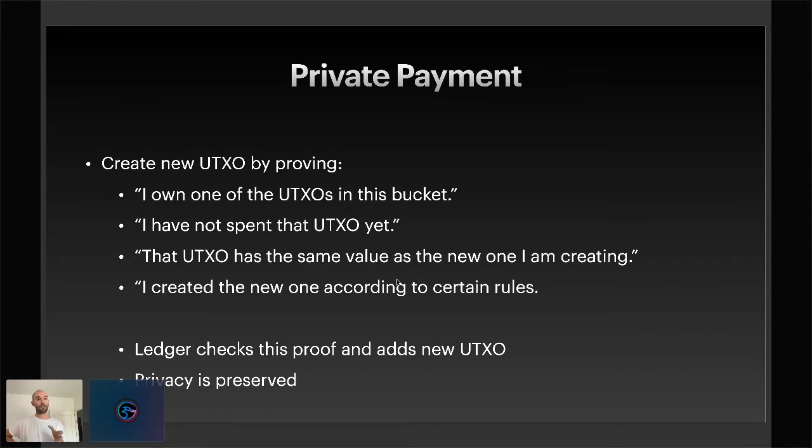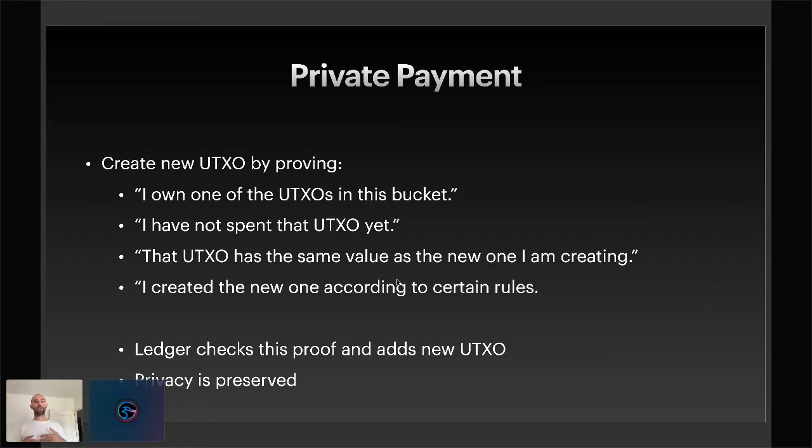That UTXO has your friend's name on it and has some asset to it, right? And now your friend is the owner of a UTXO in the bucket that they have not spent yet. And so they themselves now have what they need to someday pay their friend using that UTXO, right? So they can create one of these proofs later, right?